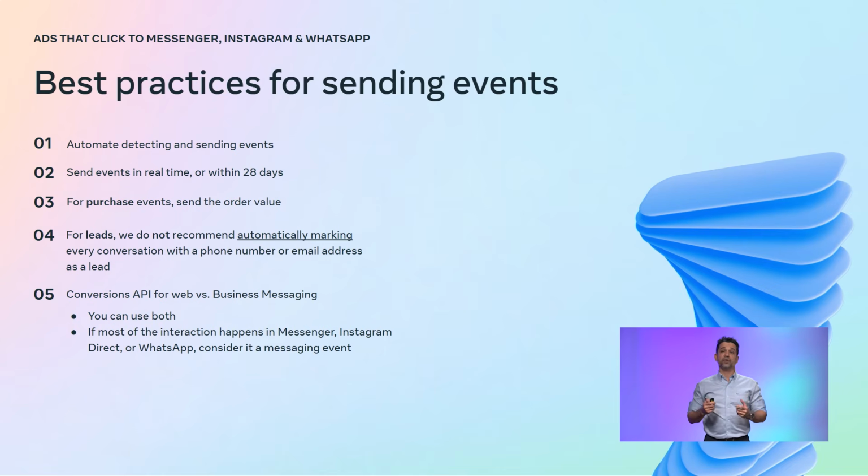During a conversation, a phone number or email address can be shared for payment or e-commerce purposes, not necessarily meaning that's a lead. CAPI for web is mostly for website events, while CAPI for business messaging handles customer events inside the messaging thread. If Messenger, Instagram, or WhatsApp plays an important role facilitating the conversation, the event can be treated as a business messaging use case.